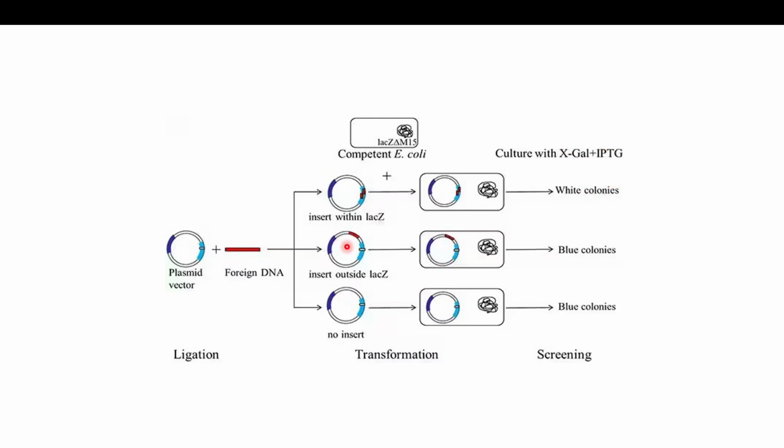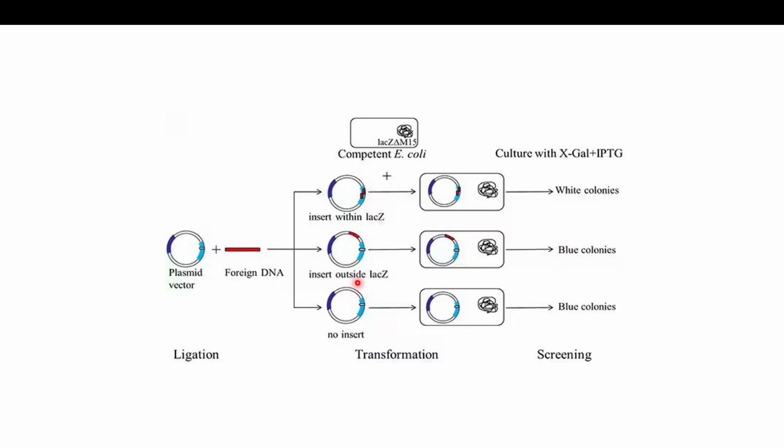If the foreign DNA has been recombined in the plasmid vector, but at a different region altogether, then the lacZ gene is actually intact here. So it will produce a functional alpha peptide which will eventually complement the omega peptide, thereby producing a functional beta galactosidase which will act on the chromogenic substrate X-gal to produce a blue colored precipitate.